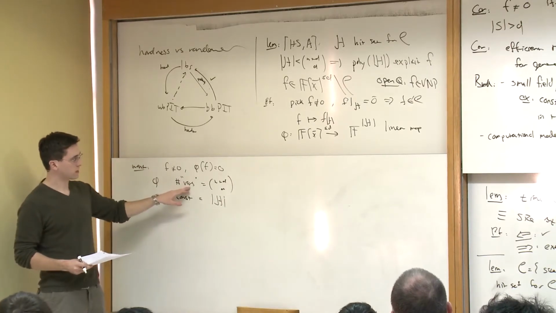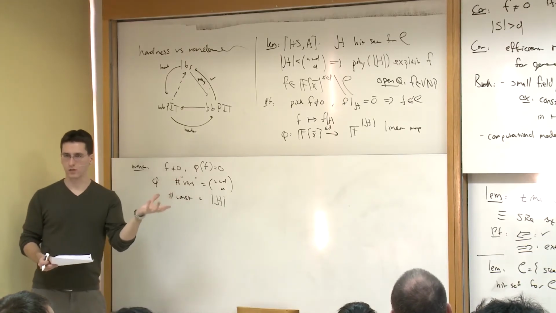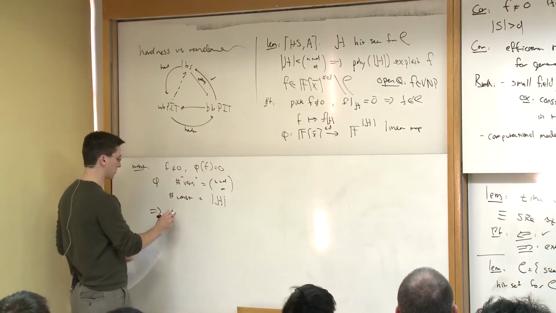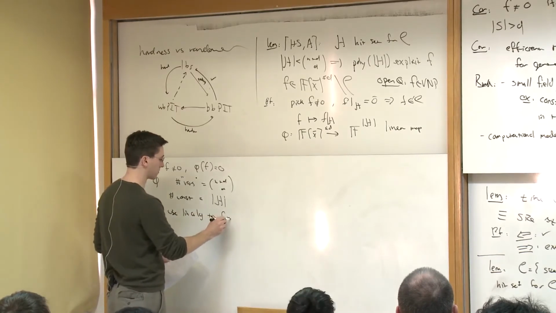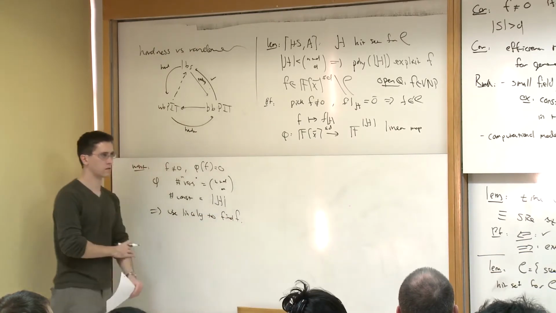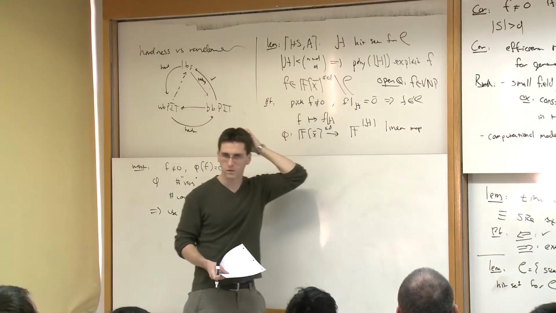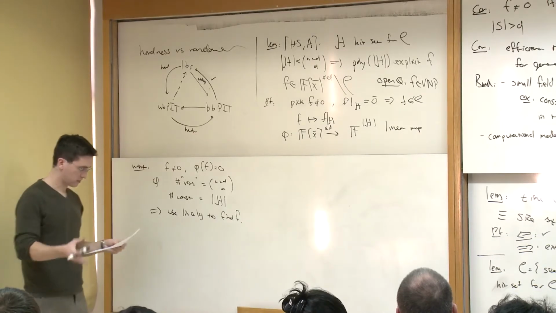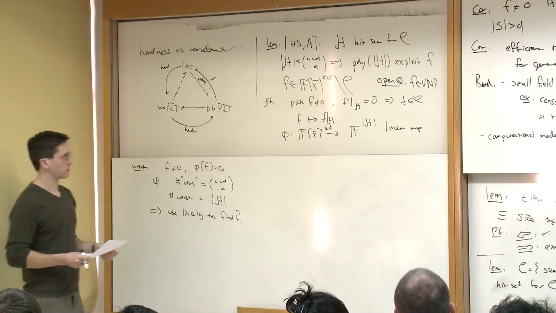So if the number of variables is bigger than the number of constraints, there exists a non-trivial solution to this linear system of equations. That says we can use linear algebra to find f, and that gives us this runtime. So that's saying that if you have a hitting set, then you get a hard polynomial.